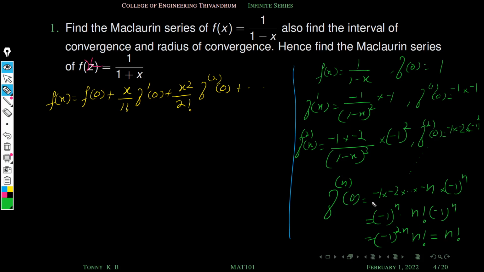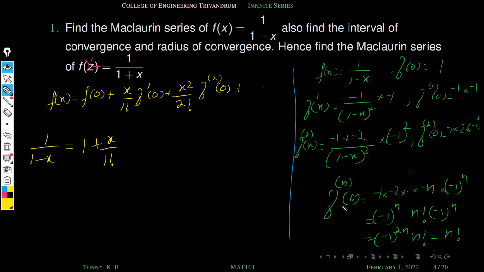Anyway, we are ready to write our general Maclaurin series using these derivatives. So our f of x is 1 by 1 minus x, that is equal to f of 0. What is f of 0? When n equal to 0, f of 0 is given by 0 factorial, that is 1. So 1 plus x by 1 factorial into f dash of 0. What is f dash of 0?